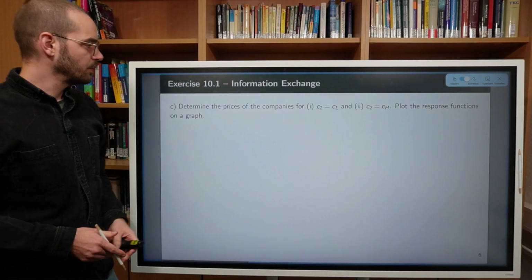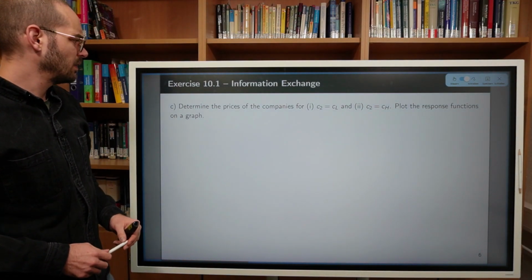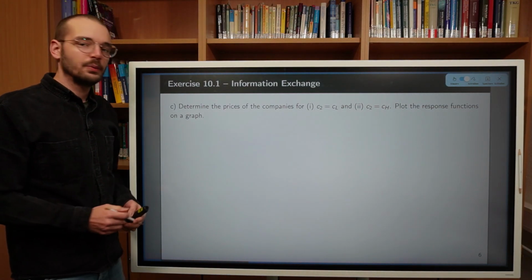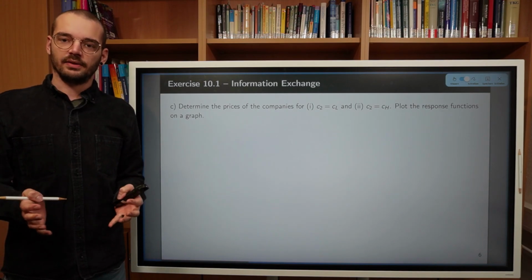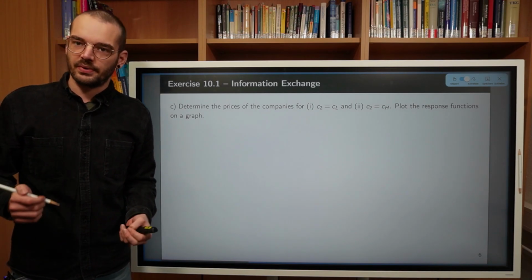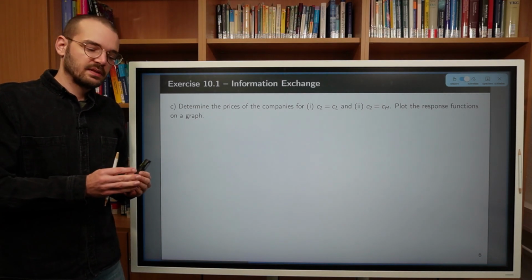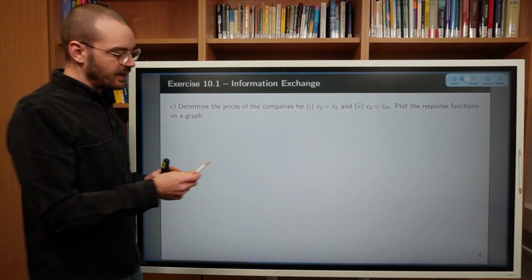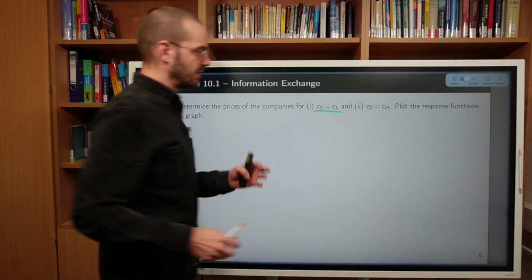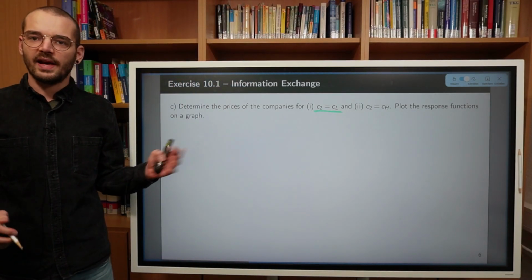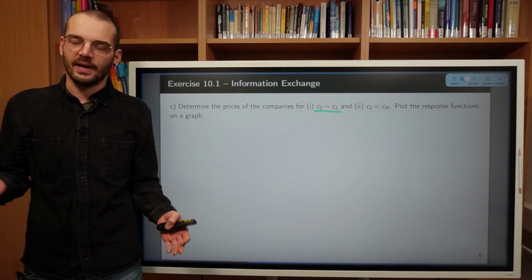Continuing from this, we are now asked to actually calculate the equilibrium prices based on the reaction functions we have stated. But if you remember, we have not yet determined whether firm 2 actually has high or low marginal costs.